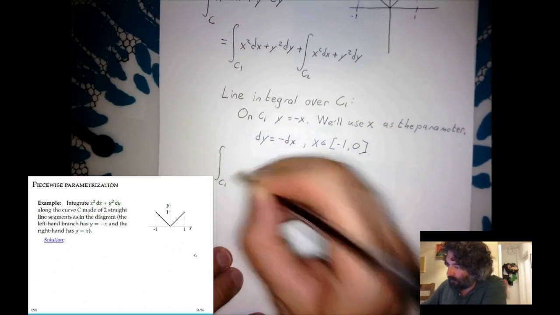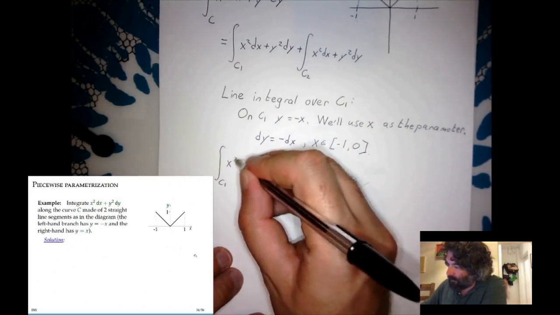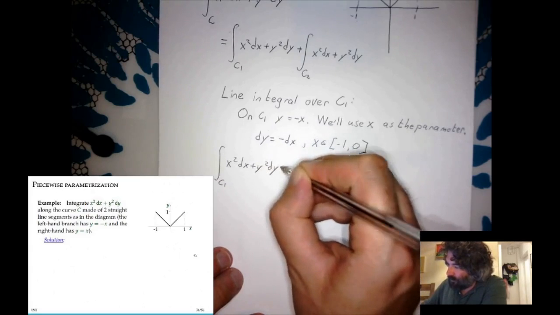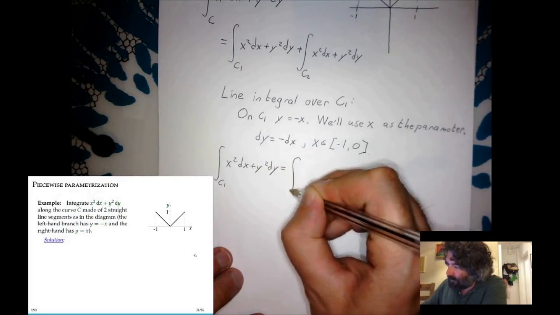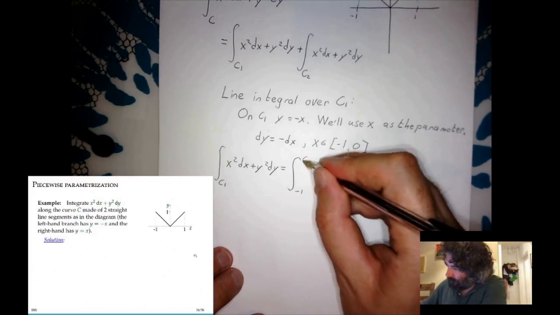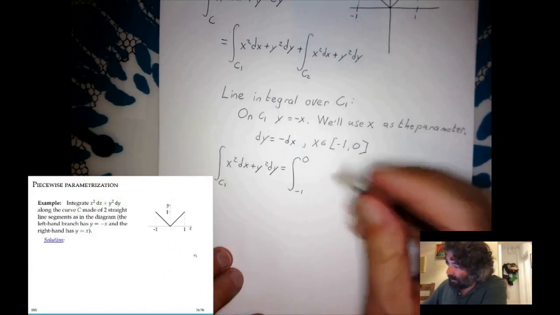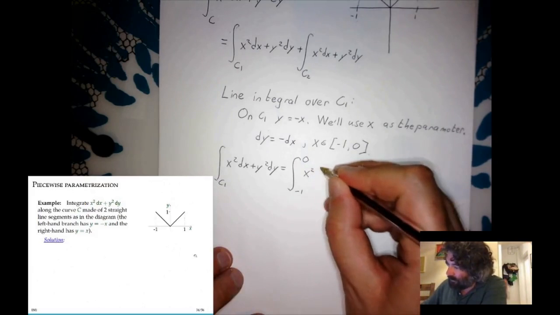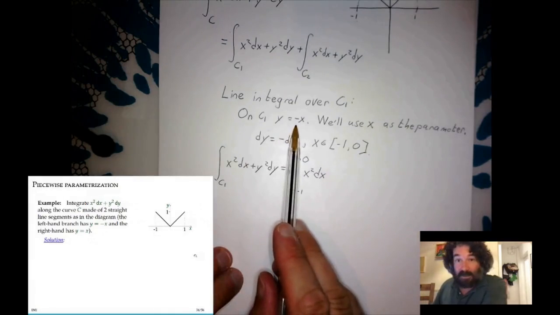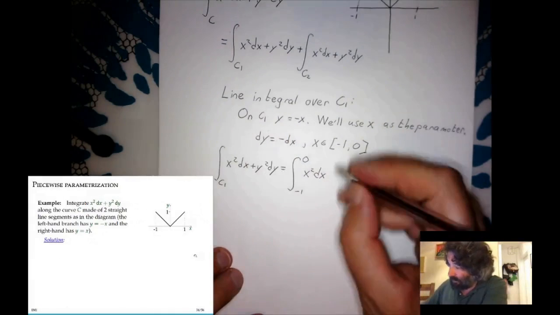Integral over C1 of x squared dx plus y squared dy is equal to the integral from -1 to 0 of x squared. X is the parameter, so we just leave that as it is. X squared dx plus y squared. Y is -x, so y squared is x squared.